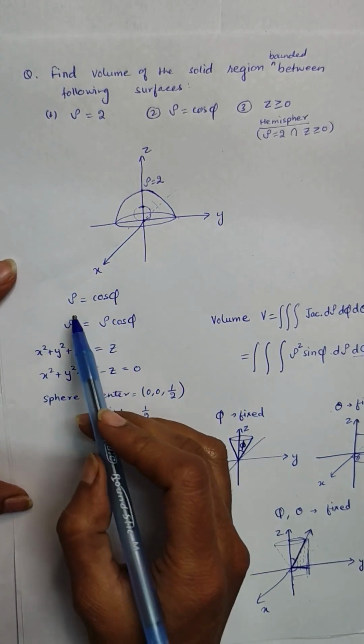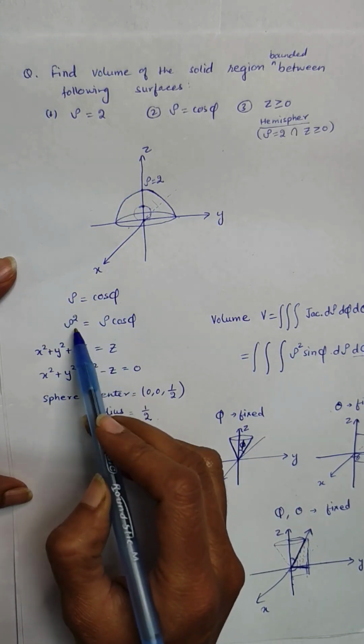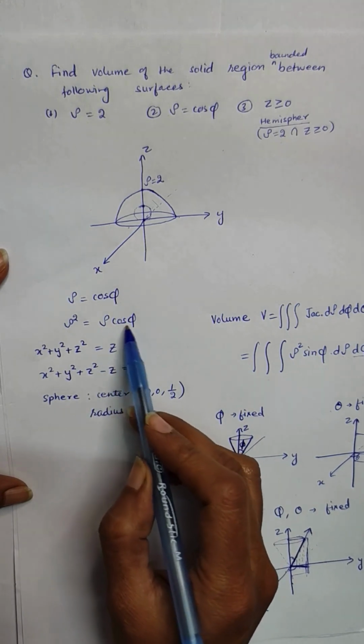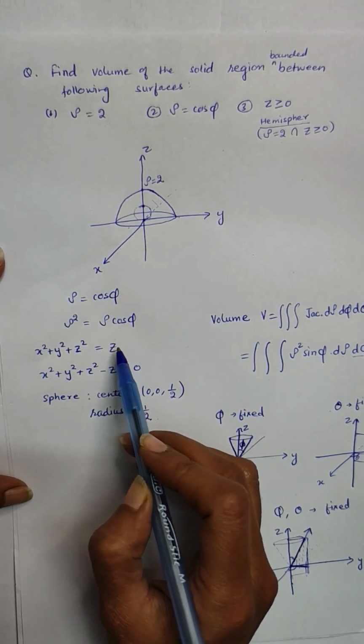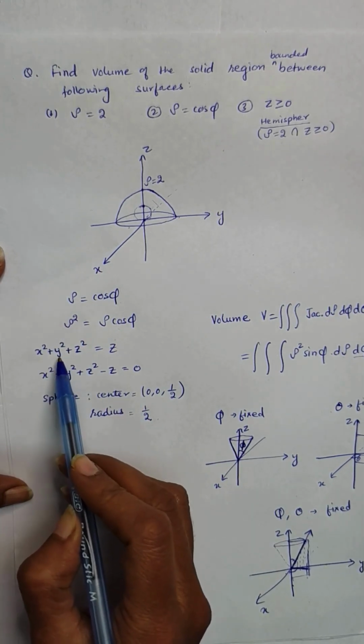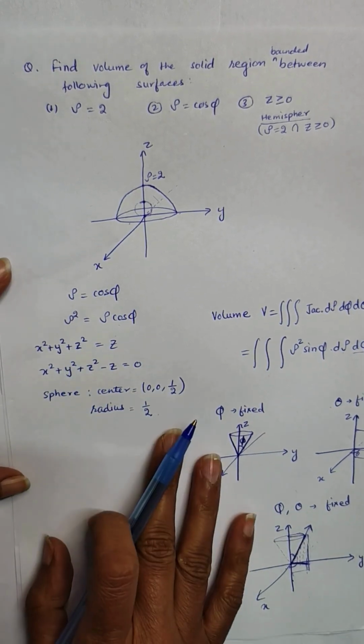So let's simplify it. Rho is equal to cos phi. We multiply both sides of this equation by rho. We get rho square equal to rho cos phi. Now rho cos phi is equal to z in spherical coordinates, and rho square is x square plus y square plus z square, the distance of the point from the origin.